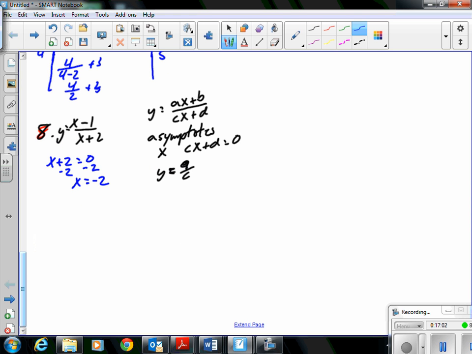And then for y, it's a over c, which is the numbers in front of the x's, the coefficients, which in this case, neither one of them has a coefficient, so we just assume those are 1s. So that's 1 over 1, or just y equals 1. So we can get our asymptotes.